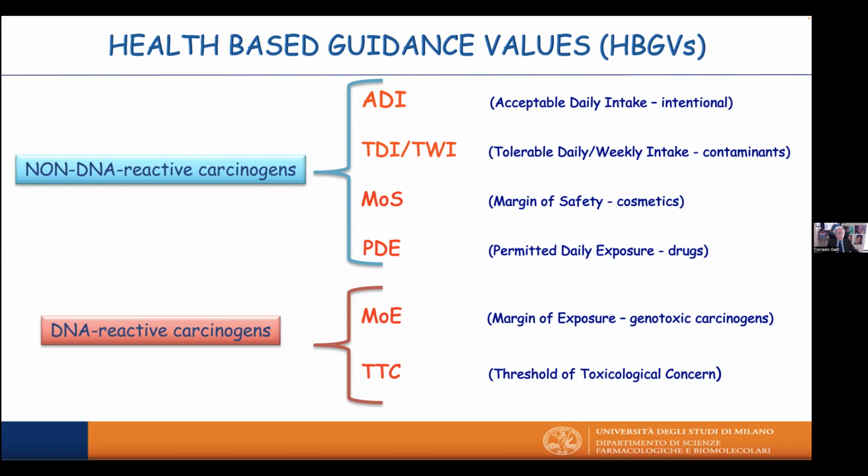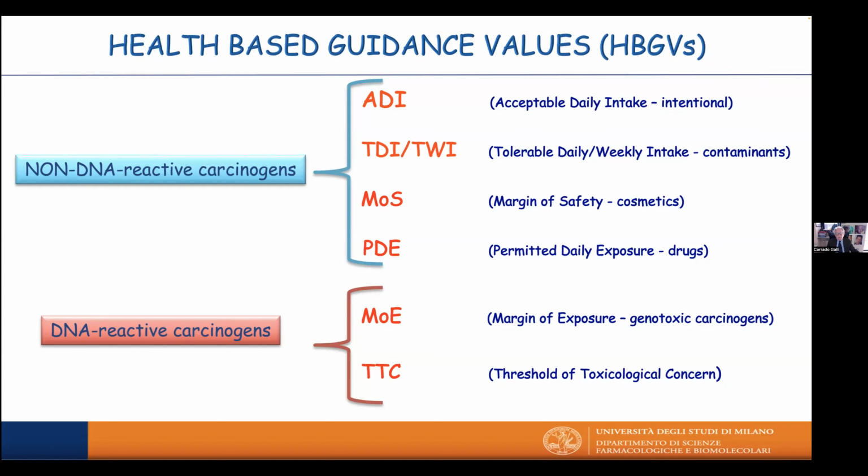Once you compare the lowest benchmark dose as far as carcinogenicity with the exposure, if you have a very wide distance, a wide range, then the concern is less. But don't take the margin of exposure as a safe dose. It's just a concern-based approach.